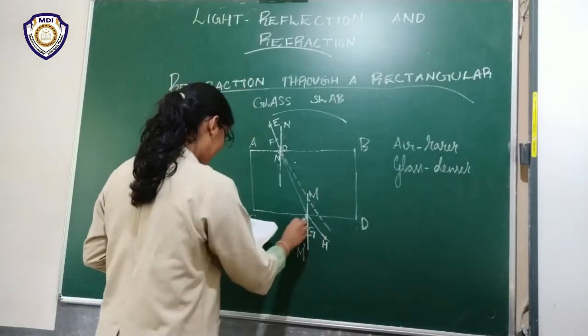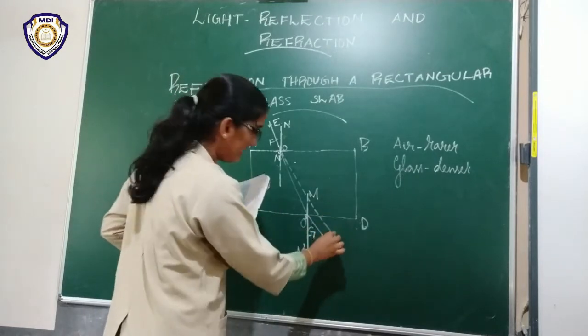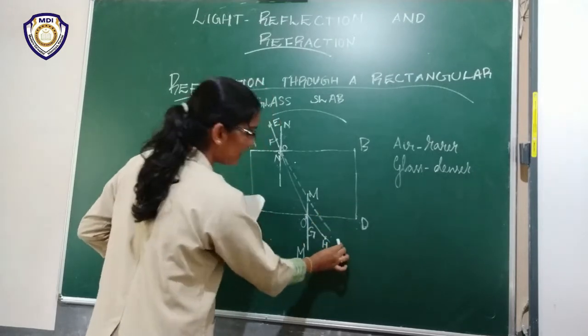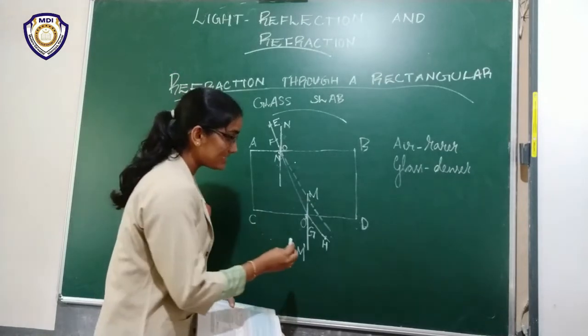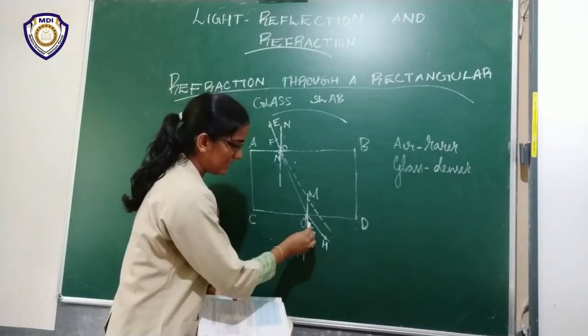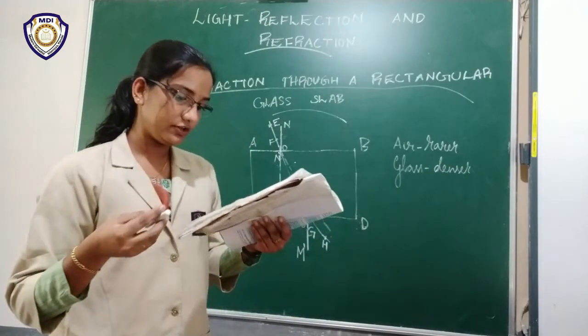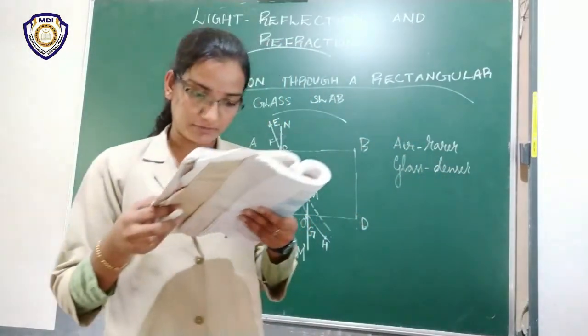At O dash, the light ray has entered from glass to air, denser medium to rarer medium. So the light here has bent away from the normal.